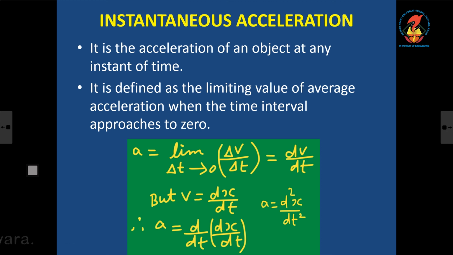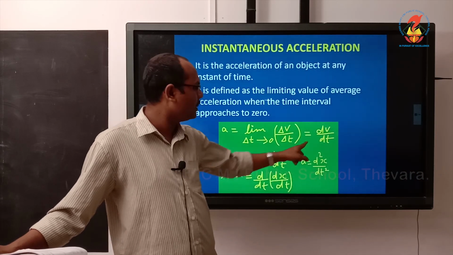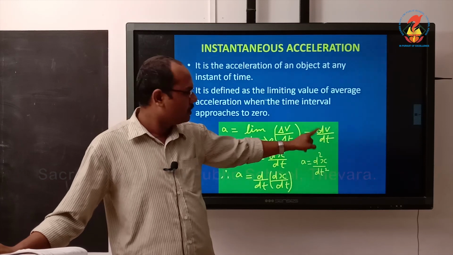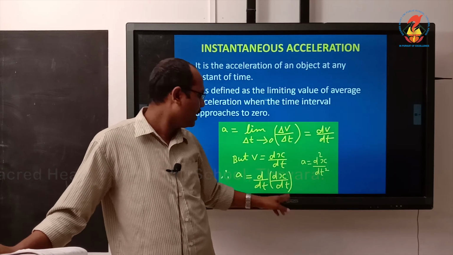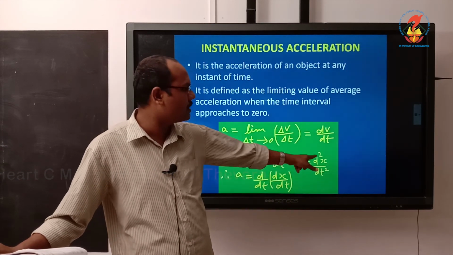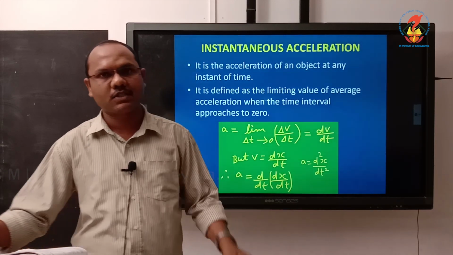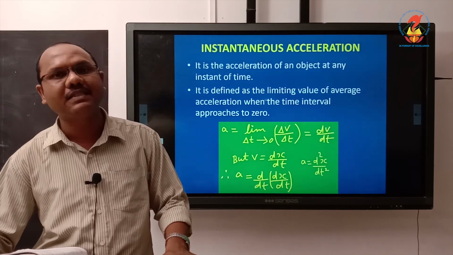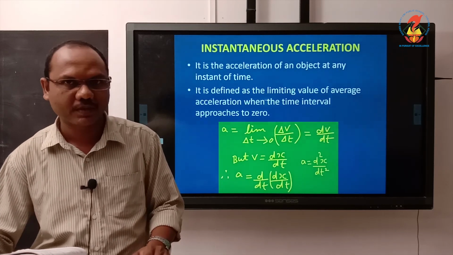So, a is equal to d by dt of dx by dt, which is written as d square x by dt square. So, there are two expressions for acceleration. The first expression is dv by dt, and the second expression is a is equal to d square x by dt square. So, this is all about instantaneous acceleration.